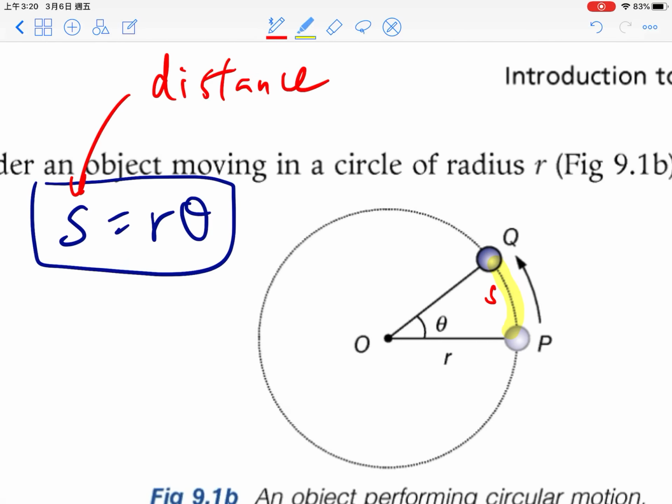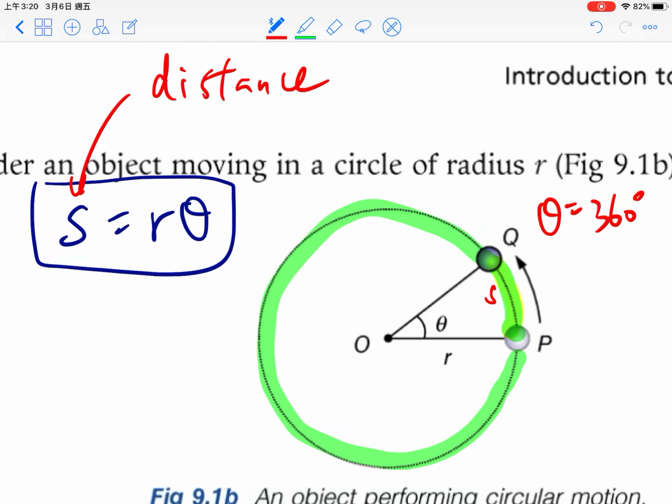Now suppose the object moves for one circle, that means one revolution. P would go back to its original position after some time. So what is the angle here? Theta is 360 degrees for one revolution, so it will be 2 pi in radian.